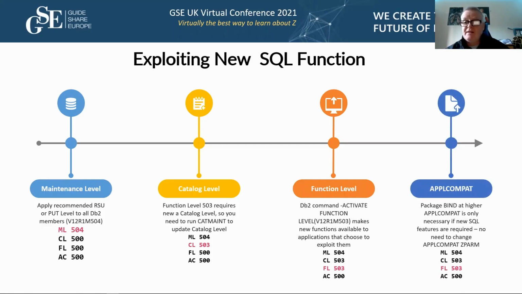So you can now bind stuff using APPLCOMPAT at 503. No need to change the APPLCOMPAT ZPARM. So the ZPARM just says 501. If you don't put the APPLCOMPAT parm in, it'll bind it at 501. If you do, it'll bind it at 503. So that's that stuff.